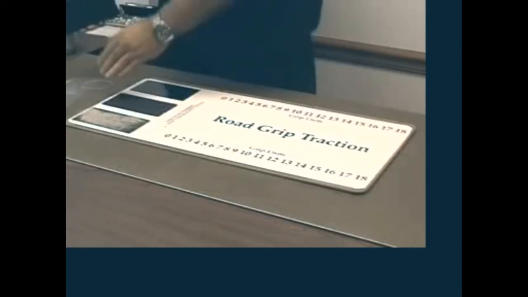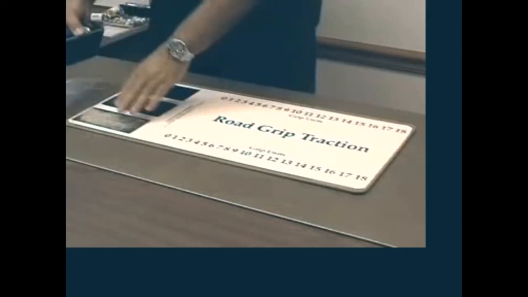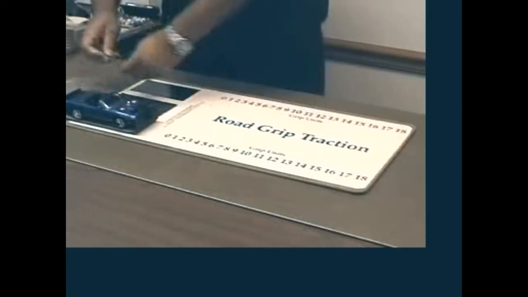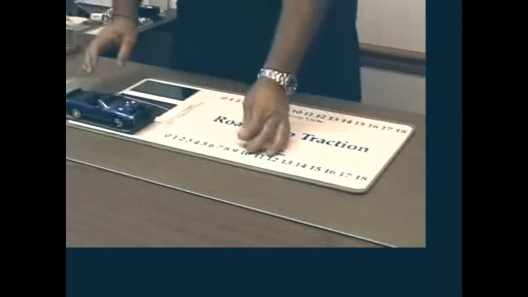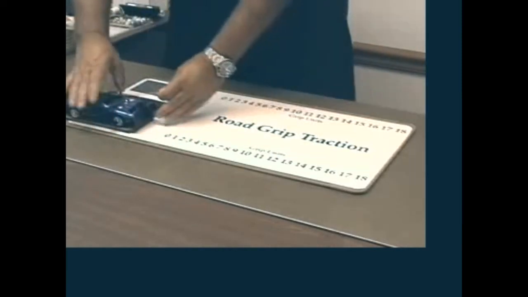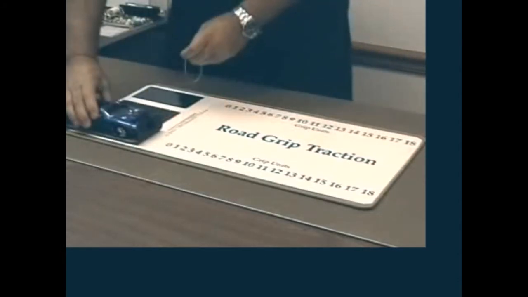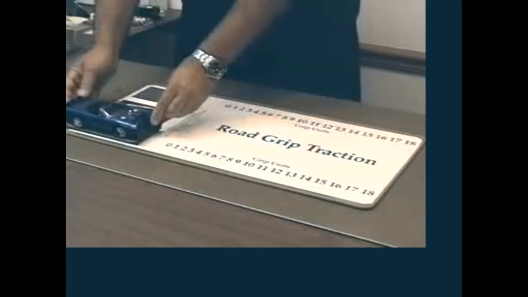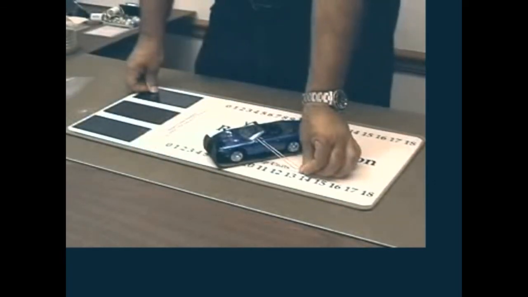We have the good tires, a good road, and we have a road with gravel on it, and we start to lose traction at 8 units. Take away the gravel, put our car onto a road that has a solid surface to it, and we get up to 13, 14 units of grip.